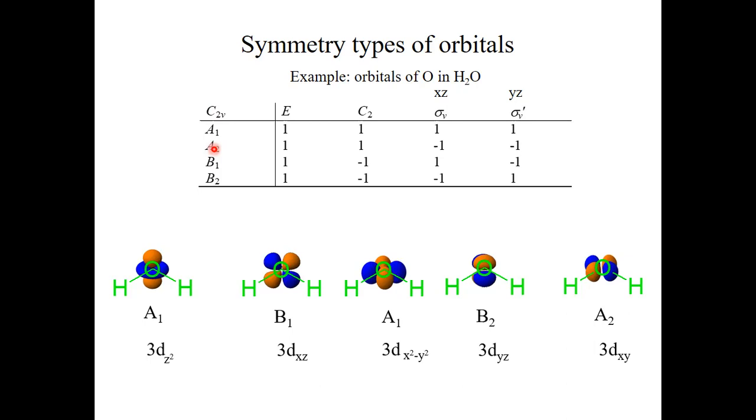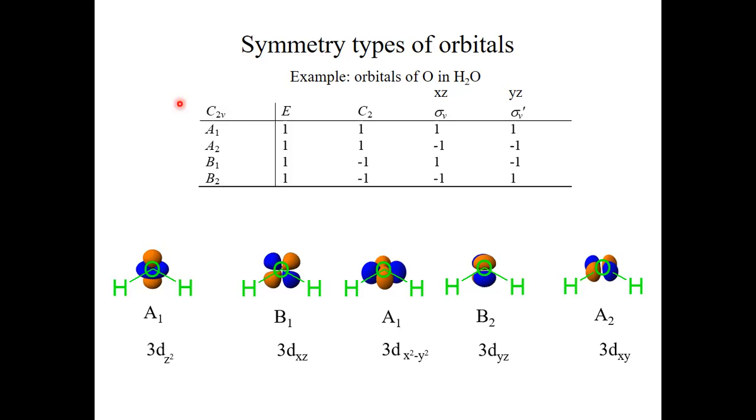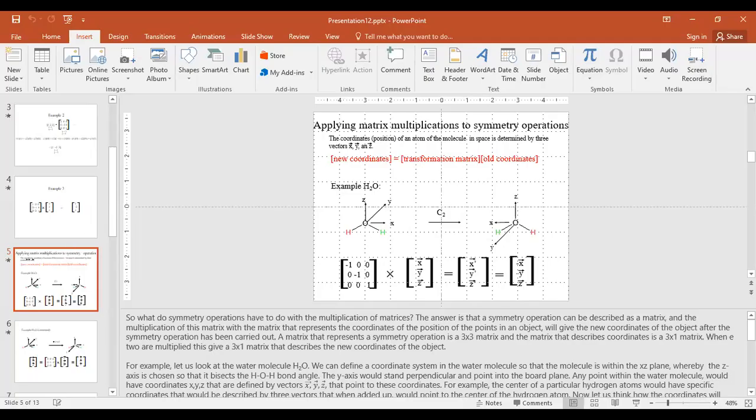So now a full set of irreducible representations defines a character table. And maybe we can do this as the very last point in this class.